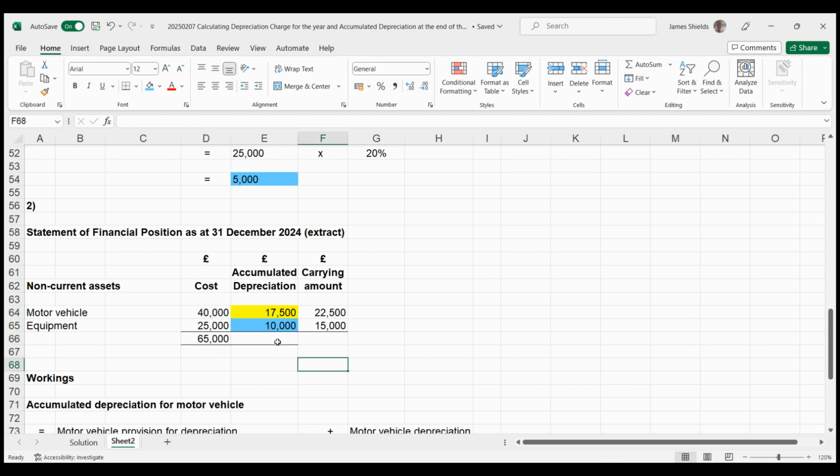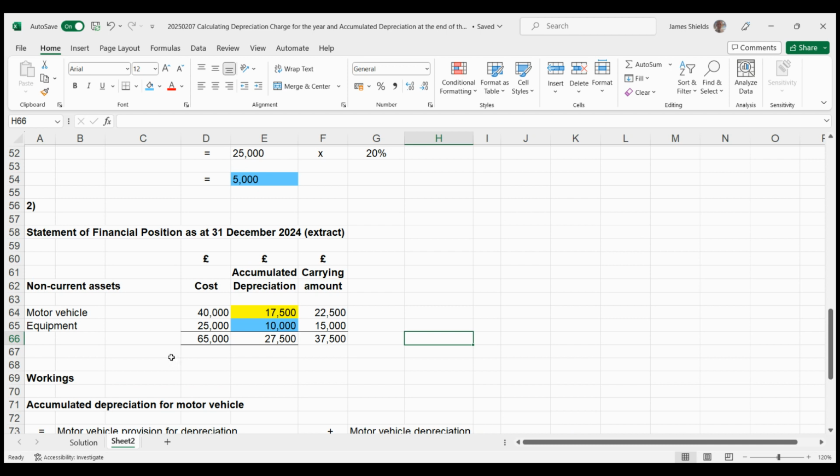Total accumulated depreciation will be 27,500, which is the 17,500 plus the 10,000. And a total carrying amount will be 37,500, which is the 22,500 plus the £15,000. Now you can check that figure. It should be your cost of 65,000, take away your accumulated depreciation of 27,500, and that does come to £37,500.